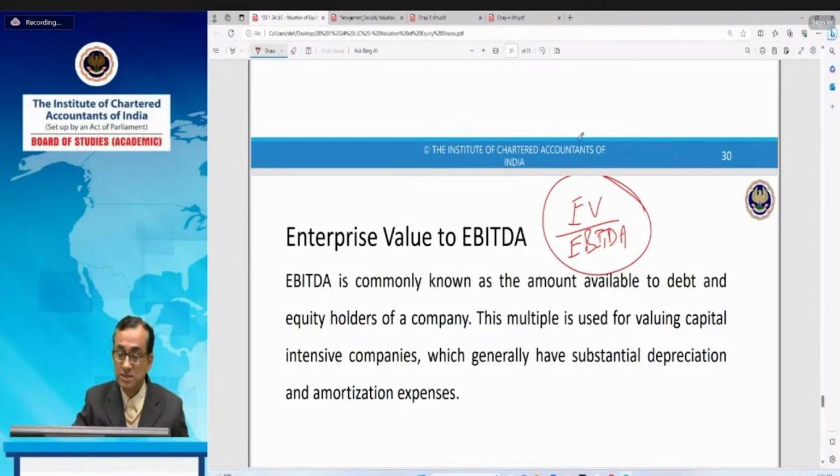But this ratio is generally used in case of those companies which are capital intensive, because EBITDA is arrived at before depreciation and amortization.